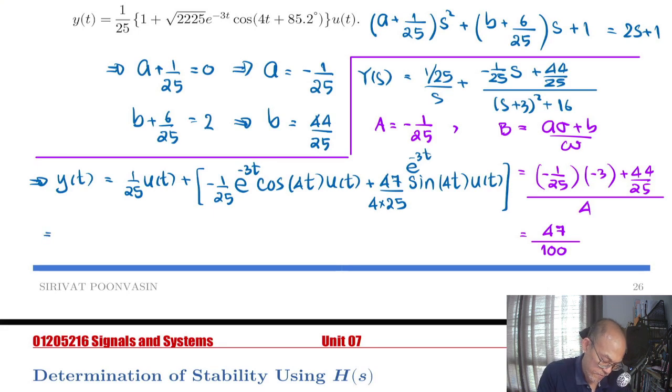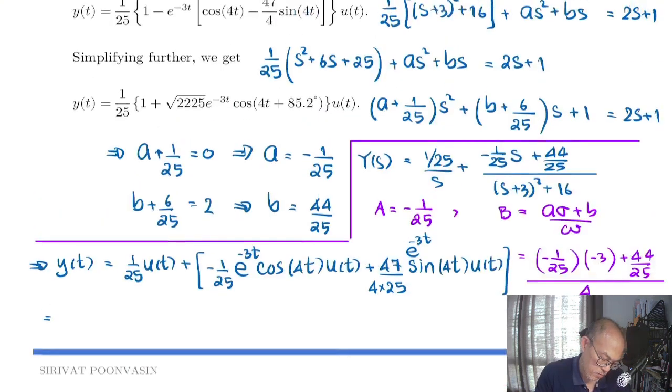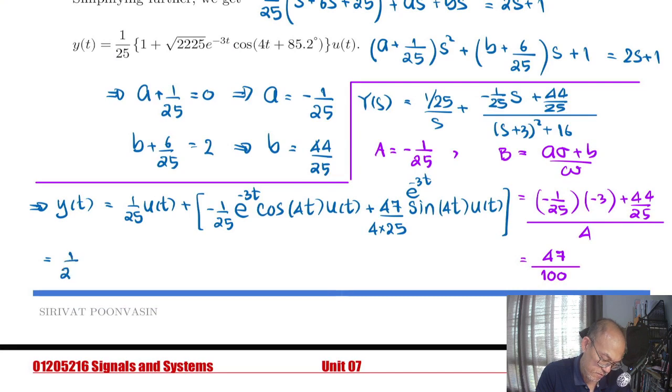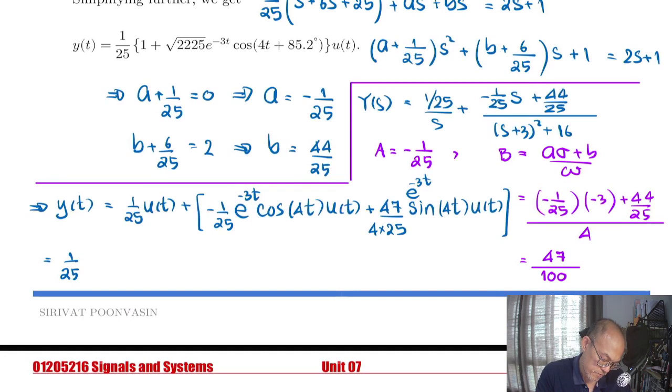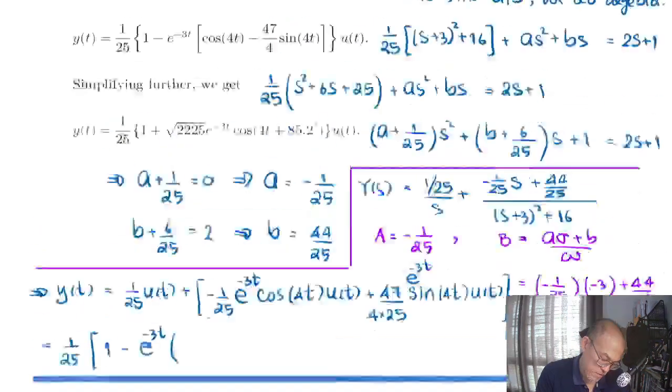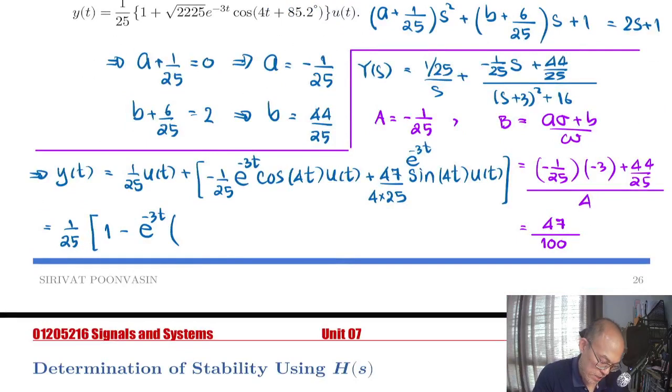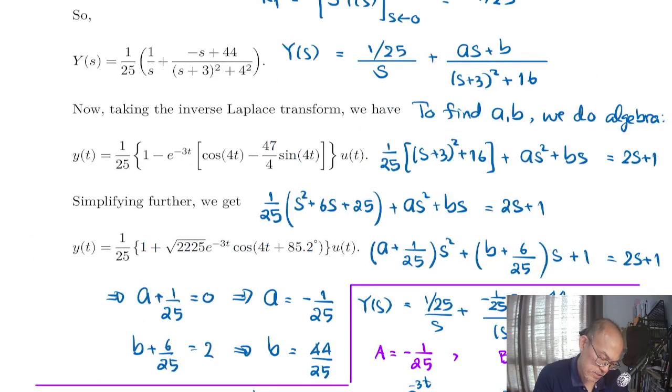So I have 1 over 25 times (1 minus e to the minus 3t (cosine of 4t minus 47 over 4 sine of 4t)) u(t).